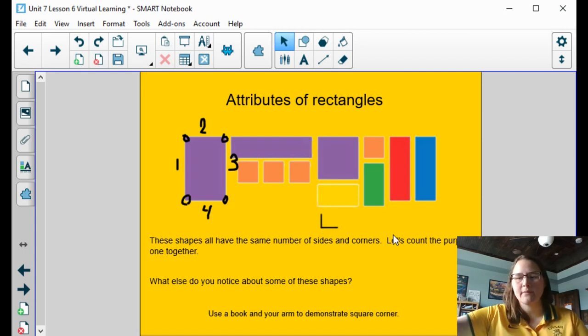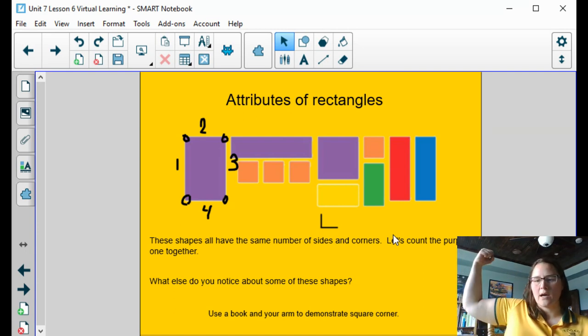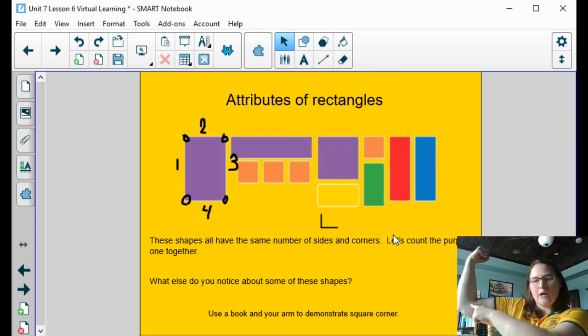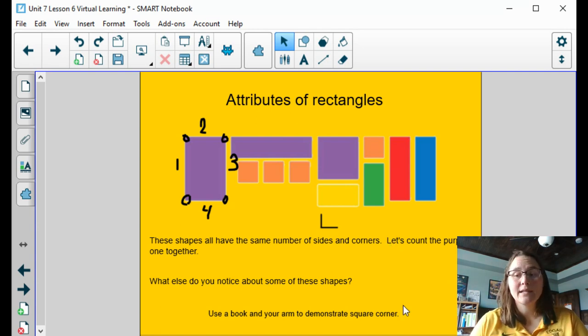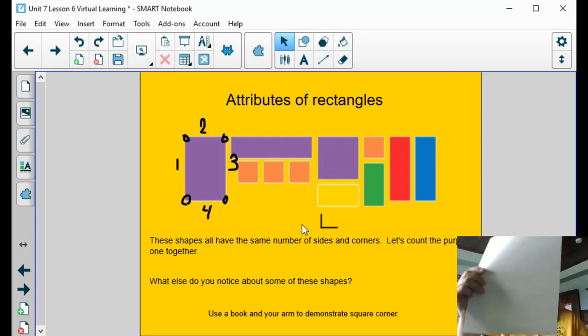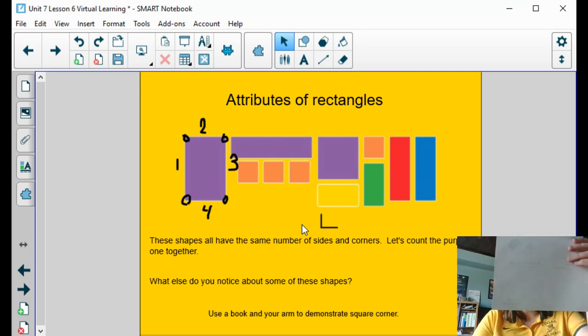Some of you might be able to do that with your arm, right? If we put it straight out and straight up, we have a right angle or a square corner. If you look at a piece of paper, without it being ripped, it has square corners.